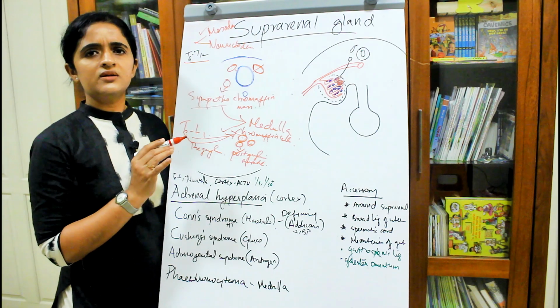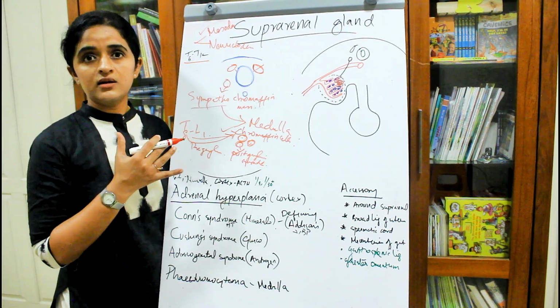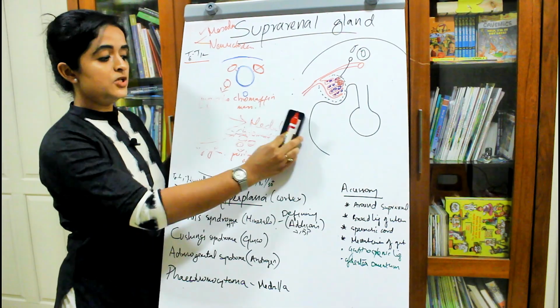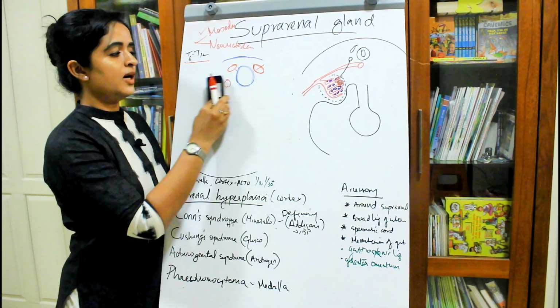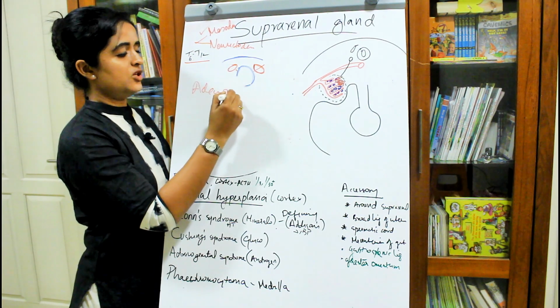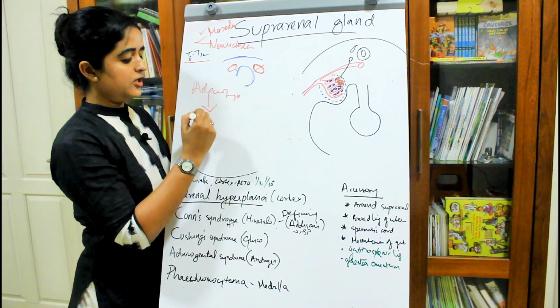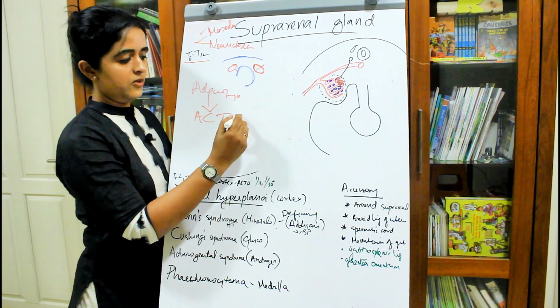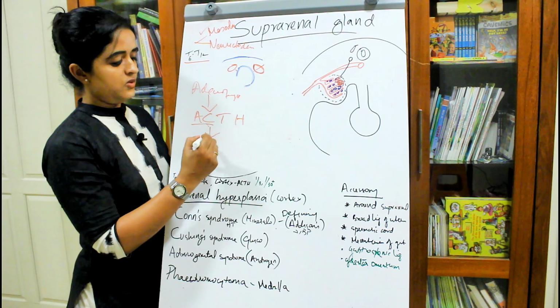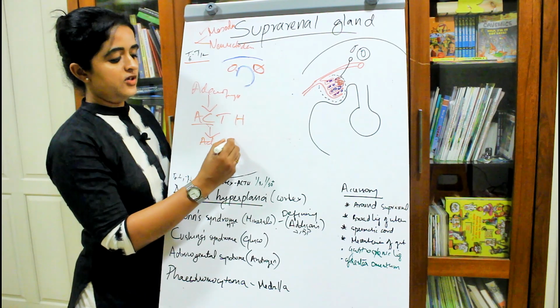So what about the suprarenal cortex? How is it controlled? It is controlled by the pituitary, the adenohypophysis, which secretes the adrenocorticotropic hormone. Adrenocortico means it controls the cortex, and that will be controlling the adrenal cortex.